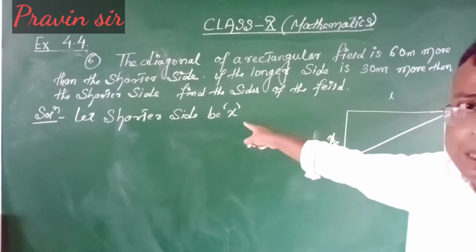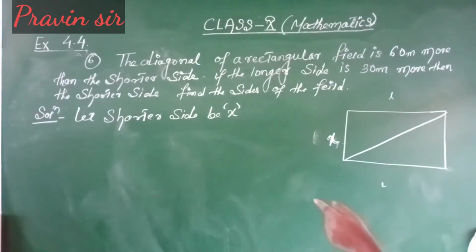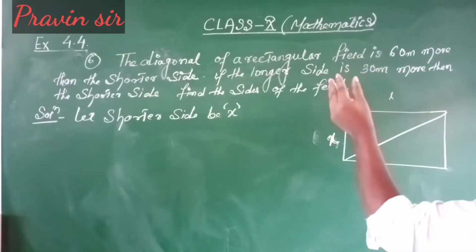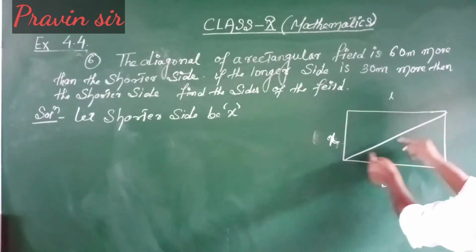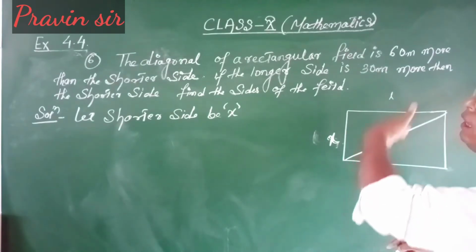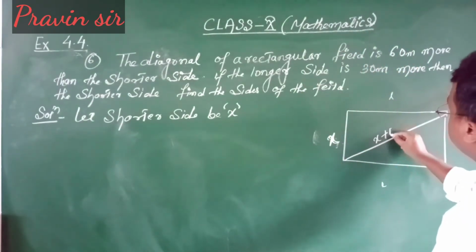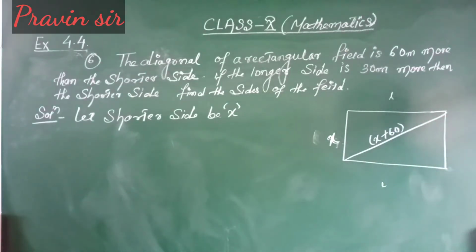Shorter side, what we have supposed? We have supposed x or not? And it is given that the diagonal is 60 meter more than the shorter side. So diagonal is x plus 60, correct?